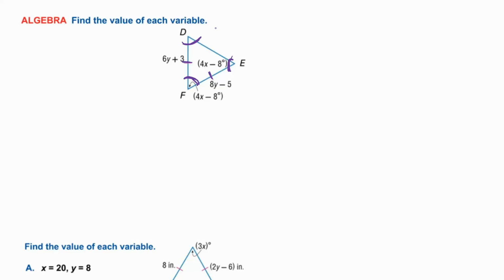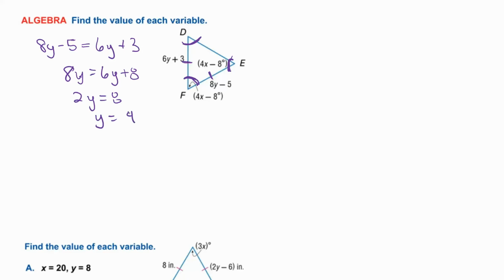So if it's equilateral, we can solve for the sides. First, for y, 8y minus 5 equals 6y plus 3. So 8y equals 6y plus 8. 2y equals 8, so y equals 4.